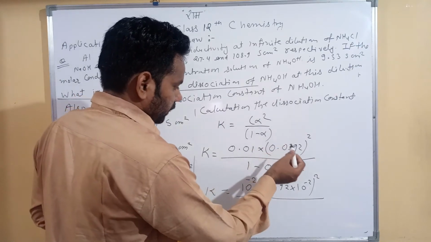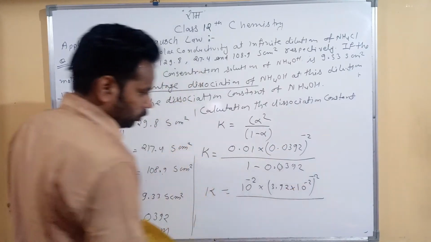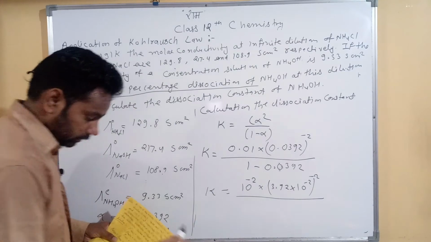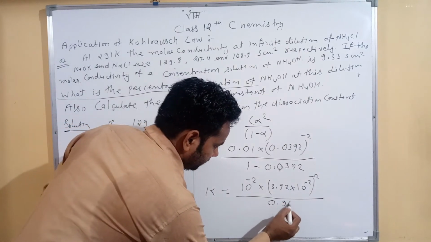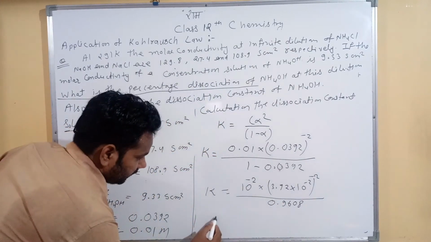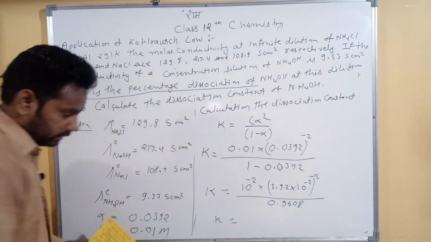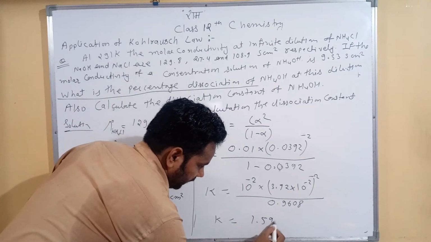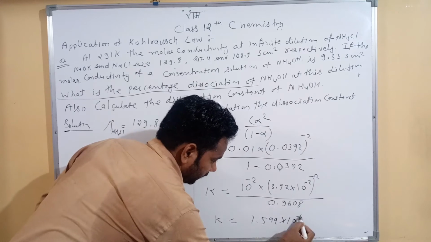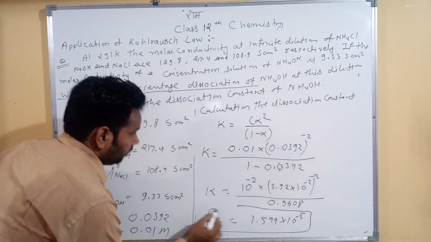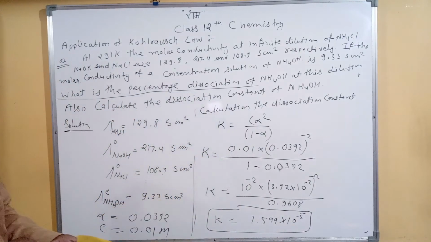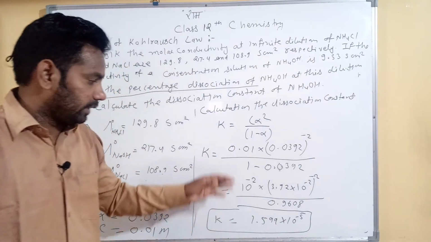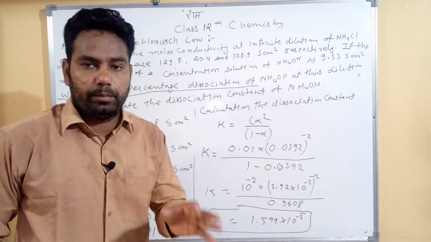Here plus 2, here also minus 2, then 1 minus 0.0392 gives 0.9608. Then K is equal to 1.599 into 10 to the power minus 5. That is our answer for the dissociation constant. You solve it yourself because I already solved it.